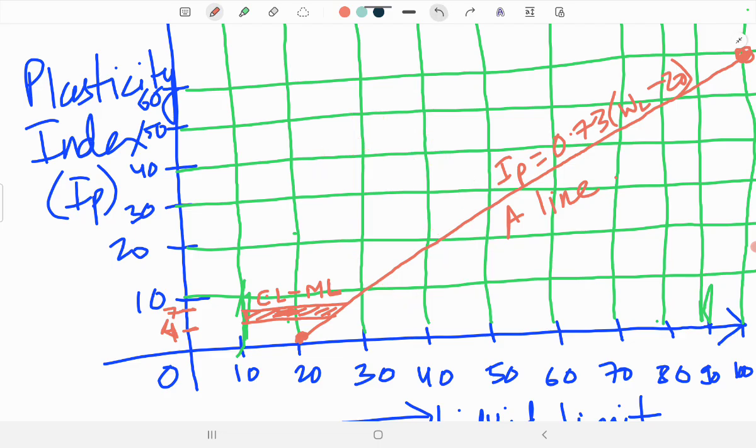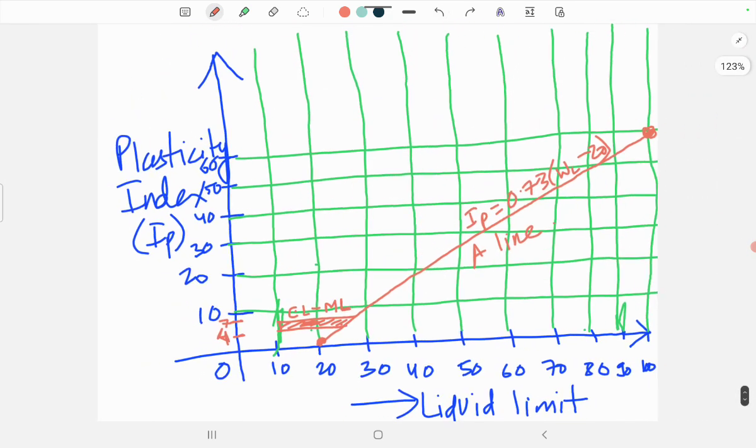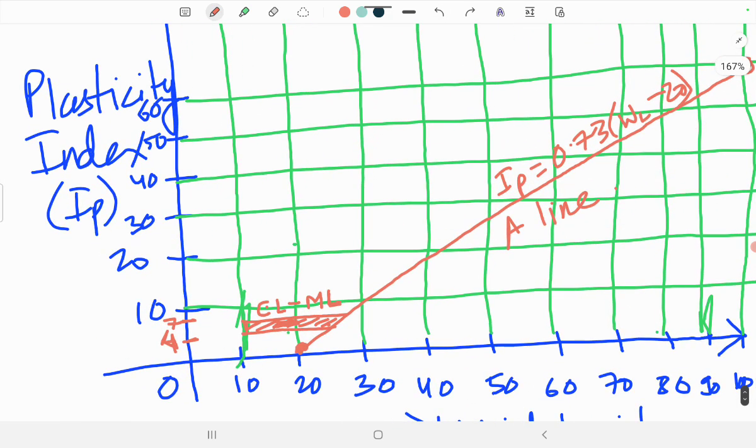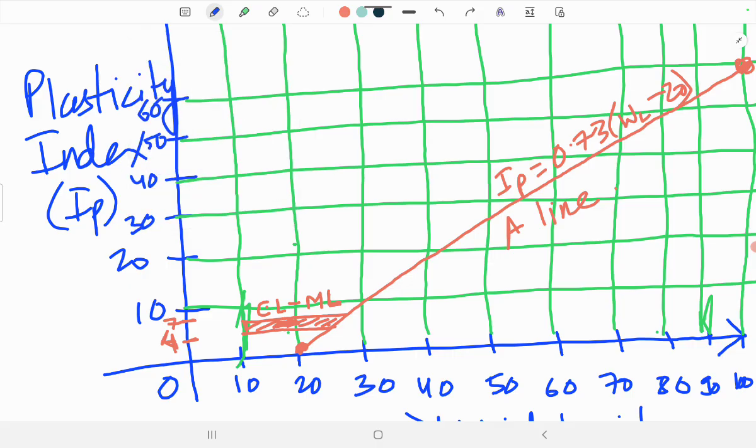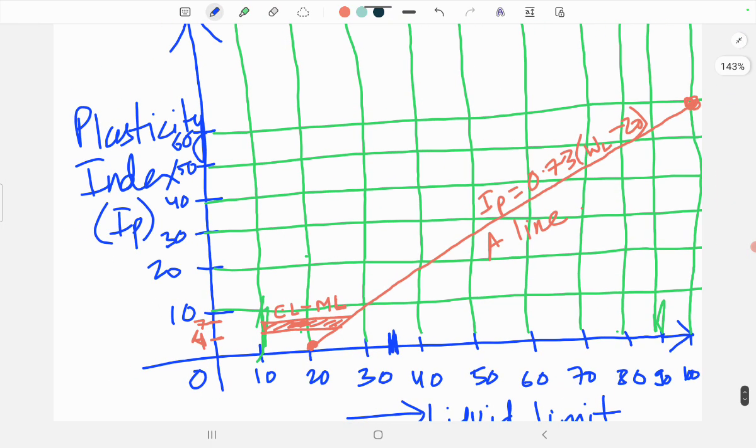So let's remove this, and after this, the clay and silt are further classified into three types. Let's draw a blue line. In the ISSCS, you have a line going from 50% directly like this, and this side is low plasticity and this side is high plasticity.